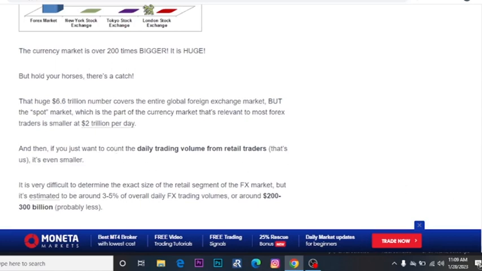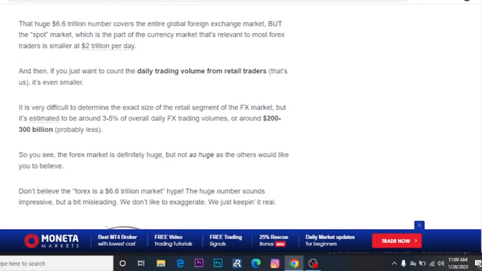It is very difficult to determine the exact size of the retail segment of the FX market, but it's estimated to be around 3 to 5% of overall daily FX trading volumes, or around $200 to 300 billion, probably less.